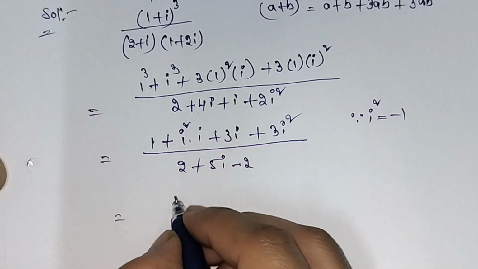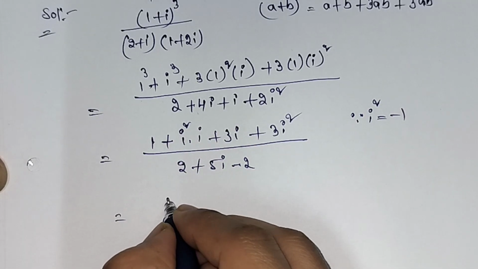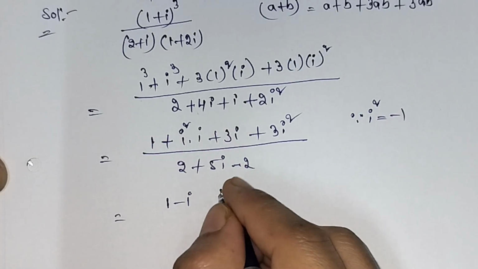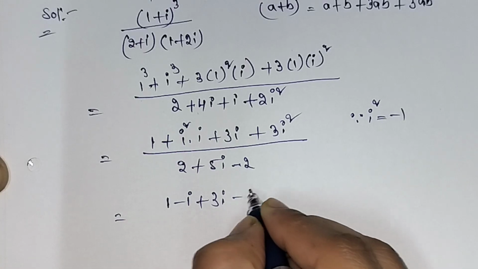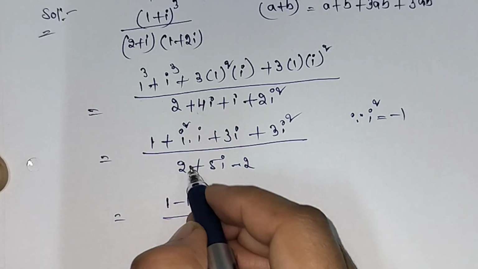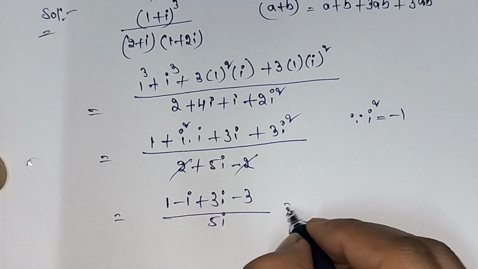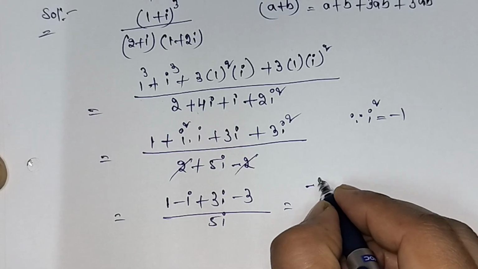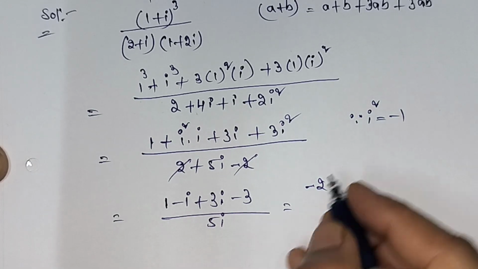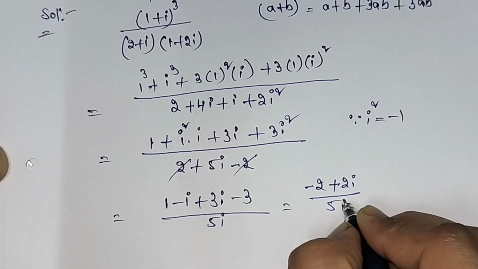That equals 1 minus i plus 3i minus 3, by plus 2 minus 2 cancel, plus 5i. That equals 1 minus 3 is minus 2, minus i plus 3i is 2i, by 5i.